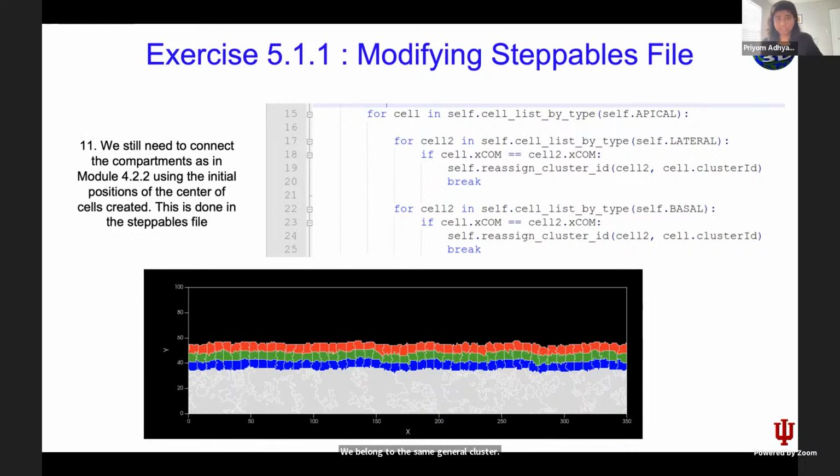So that's what he did yesterday in the Python steppables file, in lines 15 to 25, I believe, that he modified. Doing this will ensure that your apical, lateral, and basal compartments know that they're part of the same cluster ID.